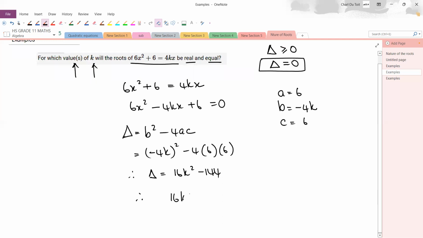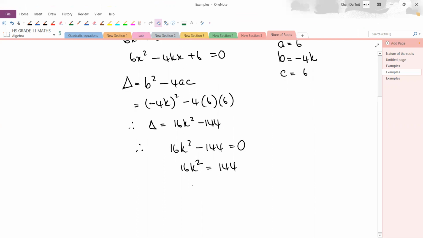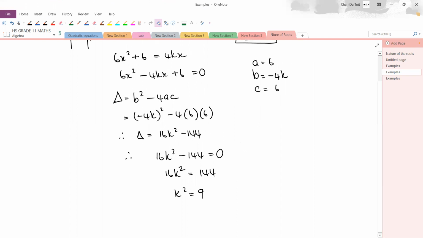Therefore, 16k squared minus 144 must be equal to 0. So 16k squared equals 144. I'm dividing 144 by 16, and then I get 9. Is that right? Okay, so what is k then? Therefore, k is plus minus the root of 9. So k is 3 or negative 3.